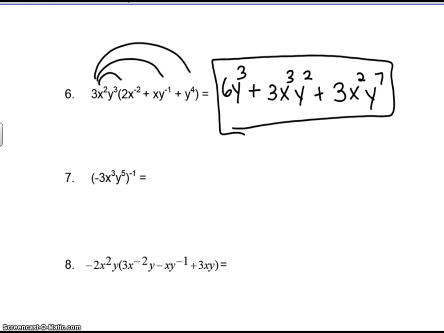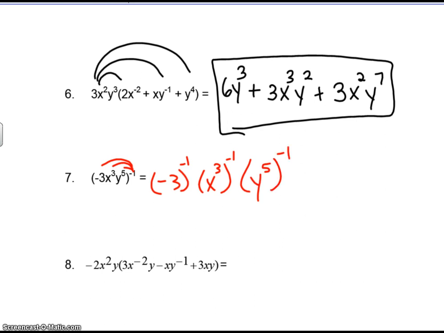Okay, on number 7, every number is going to get a negative 1 for an exponent. So negative 3 to the negative 1 power, x cubed to the negative 1 power, and y to the 5th to the negative 1 power.